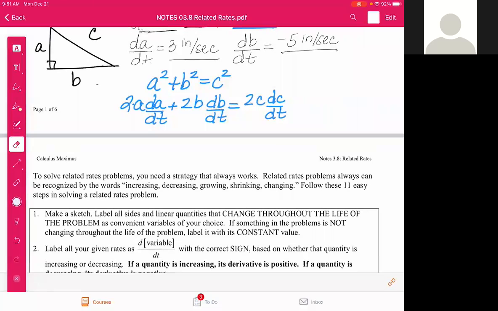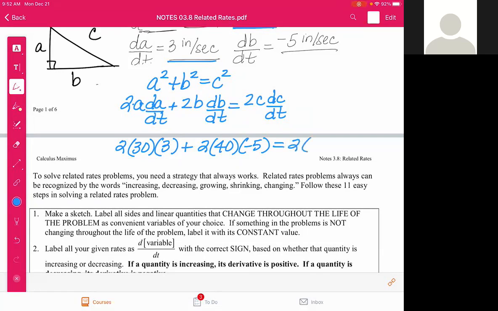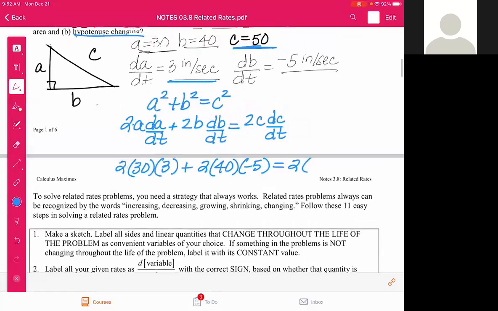Okay, so this would be 2 times A was 30, dA dt is 3, plus 2 times B was 40, dB dt was negative 5, equals 2 times C. We figured out what C is. That was 50. And then dC dt is what we're looking for.